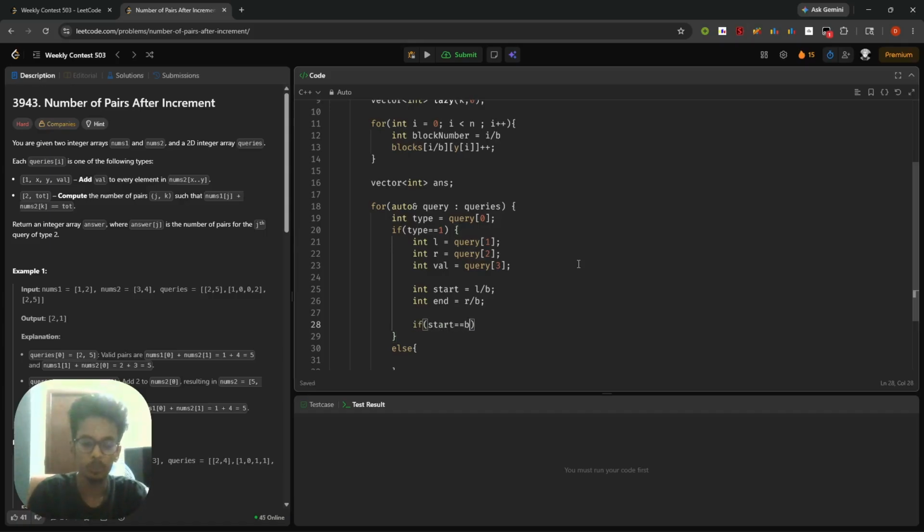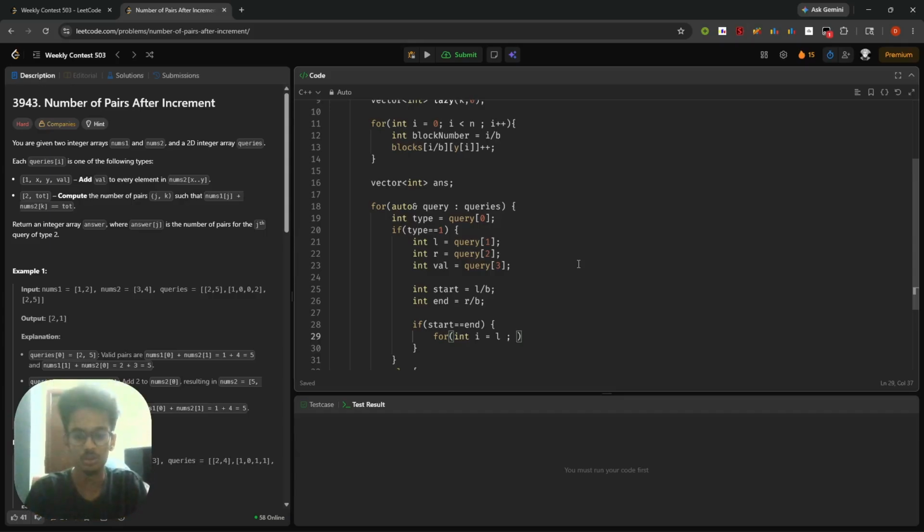And if both of them belong to the same block, what you will do is go from L to R, because both of them belong to the same block, so it is less than root n. In square root decomposition, the blind rule is, if it's less than root n, if it's somewhere close to root n, if it's small, do the brute force.